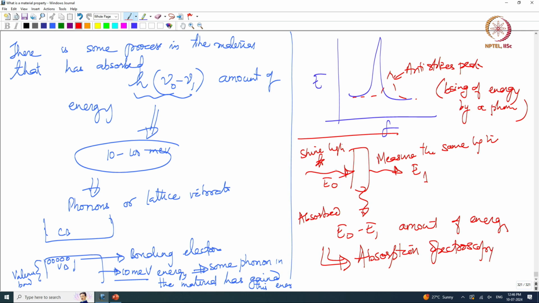Or I shine a photon and I look at how much energy this photon gives away to the material. So, this is a classic example. Raman spectroscopy is a classic example of absorption spectroscopy.